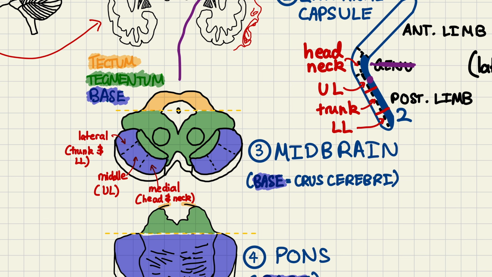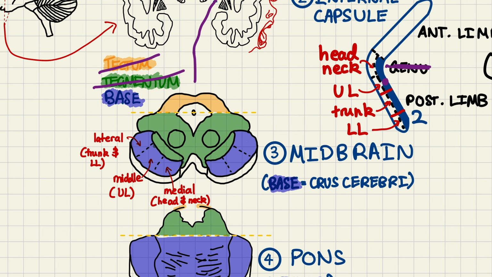The middle part is known as the tegmentum in green, and the most ventral or anterior part is the base, shaded in blue. Now, with regards to today, you can forget about tectum, you can forget about tegmentum, because the corticospinal tracts, they only travel through the base of the midbrain, the base of the pons, and the base of the medulla oblongata. Base, base, base.